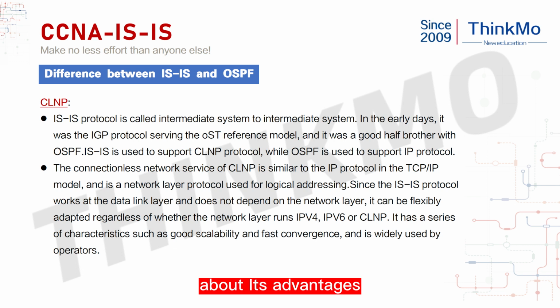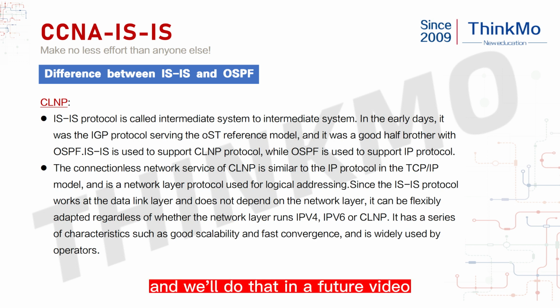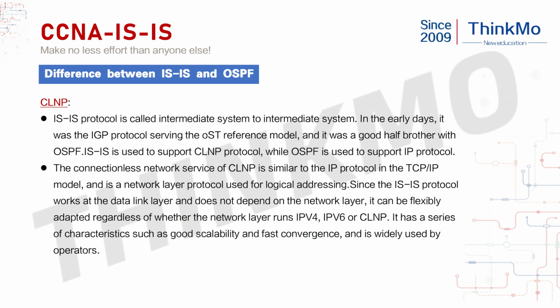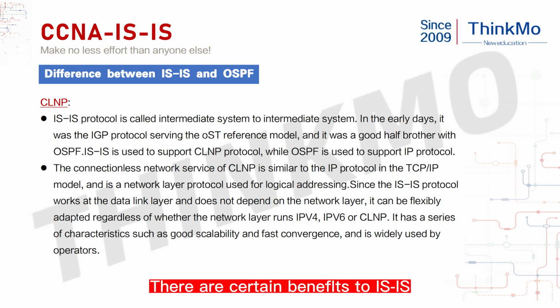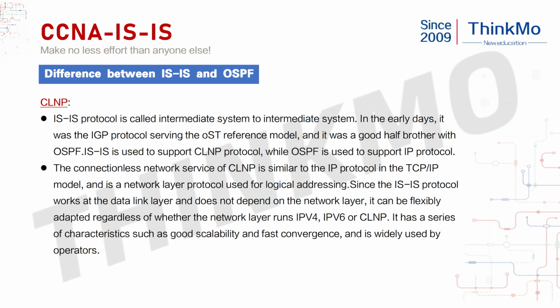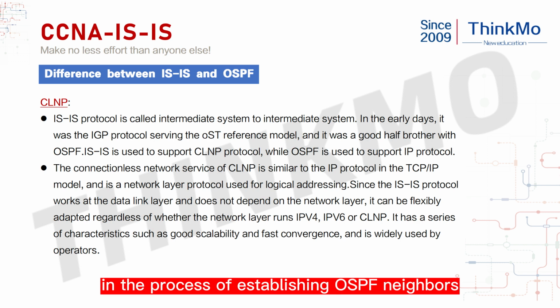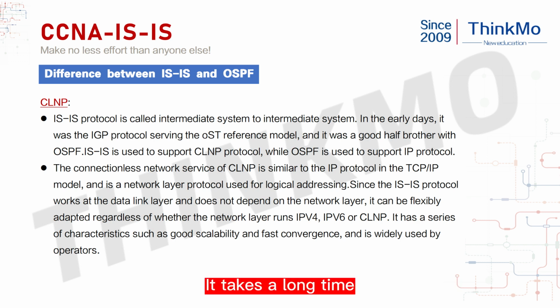About its advantages, we'll give you the corresponding explanation in a future video. There are certain benefits to ISIS. Compared with OSPF, it converges fast. For example, in the process of establishing OSPF neighbors, it takes a long time to transition to the appropriate state, and there are many different states.